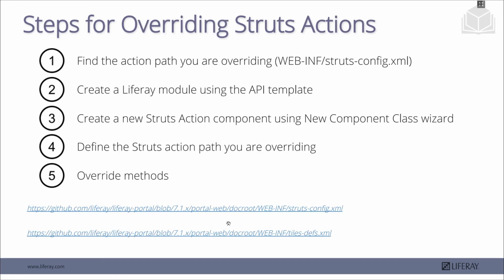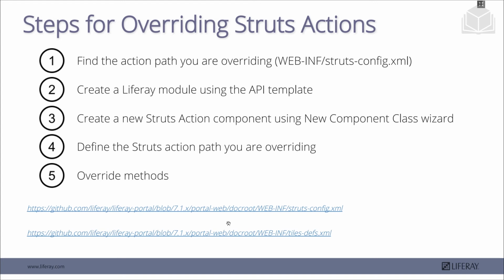If we're overriding a specific Struts action, the first thing we need to determine is whether this Struts action is for an application or for Liferay. Once we do, we're then going to find our action path over in struts-config.xml. Once we have the action path that we want to modify, we create a Liferay module project using the API template.